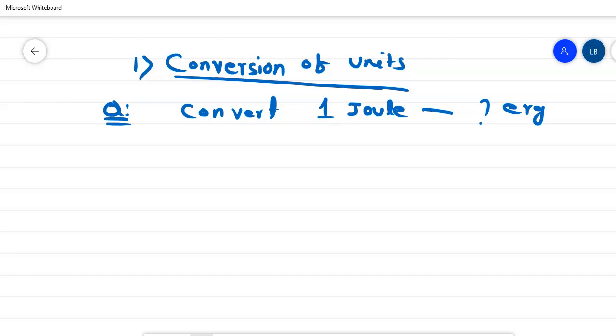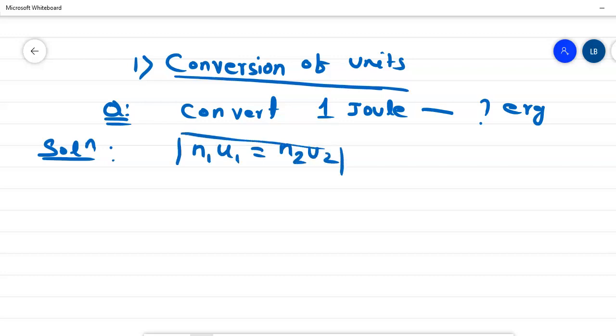The question is this, so the solution will be like this. For the solution, remember a formula: N1 U1 equal to N2 U2. It's a simple formula. Here unit 1 is U1, unit 2 is U2.